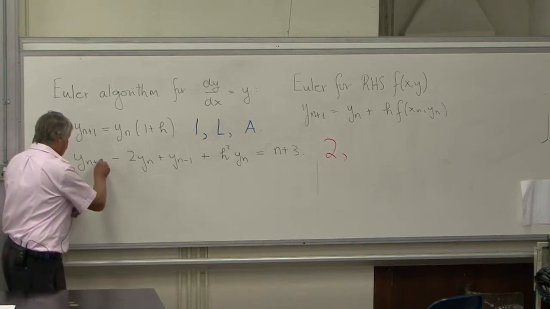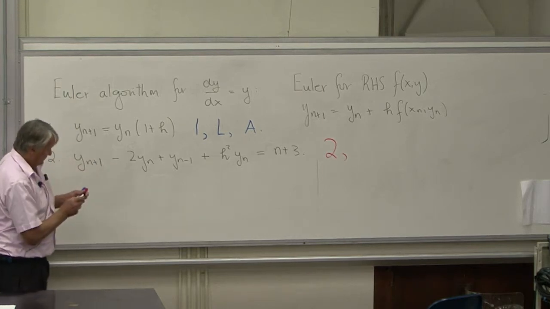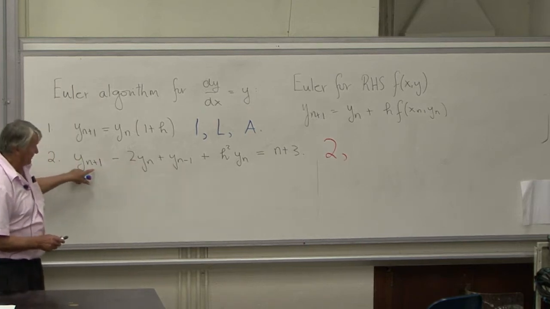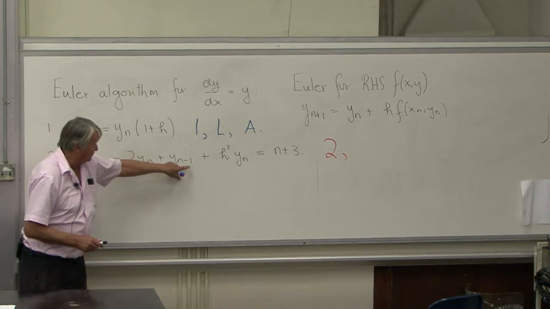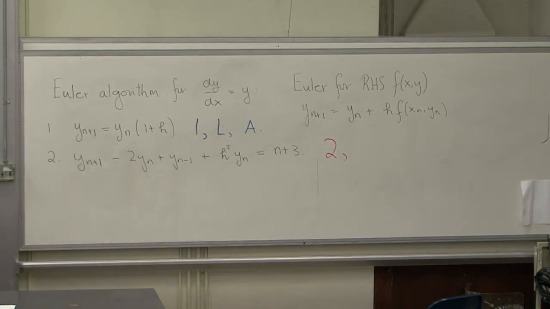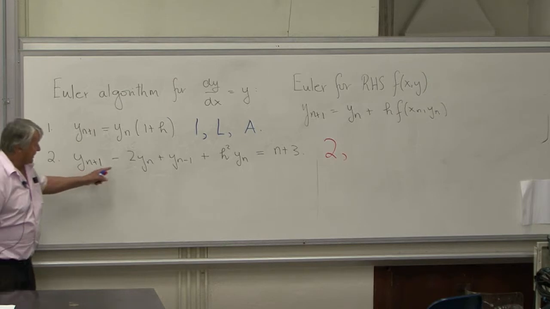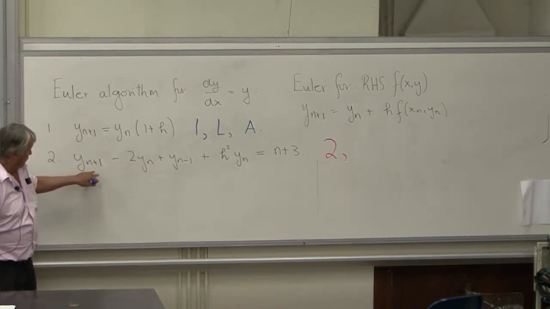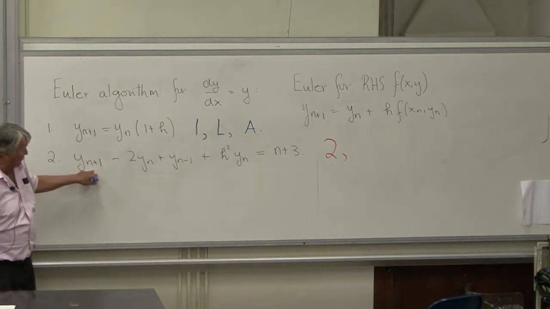But let's go back. There are 3 points interconnected here, n plus 1, n and n minus 1. The order is 1 less than the number of points connected by the difference equation. It's second order, therefore. It's linear because it's a linear combination of yn plus 1.